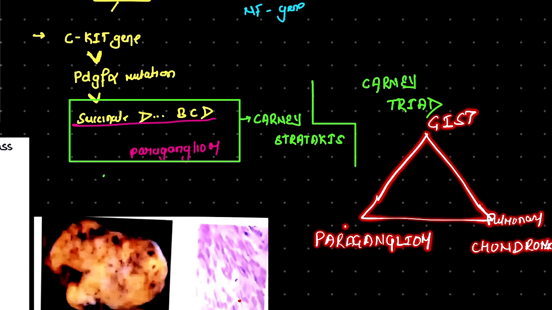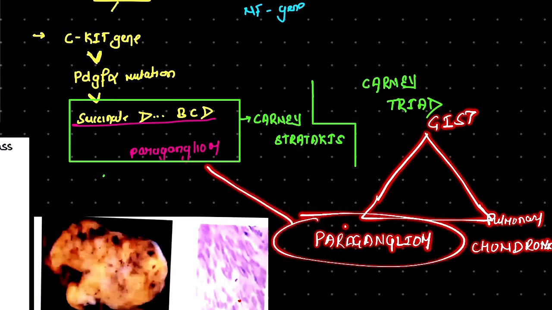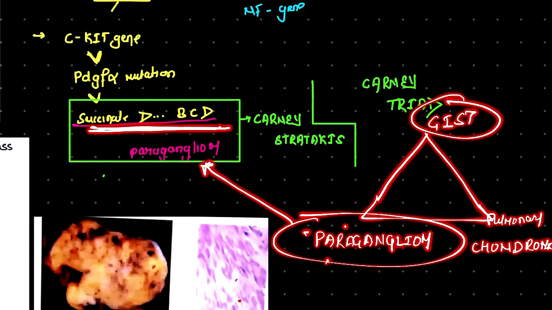That means here we're talking about paraganglioma, which we discussed in Carney-Stratakis, but here there is no presence of succinate dehydrogenase mutation. Here we have GIST, paraganglioma, and lung involvement, that is pulmonary chondroma, right?